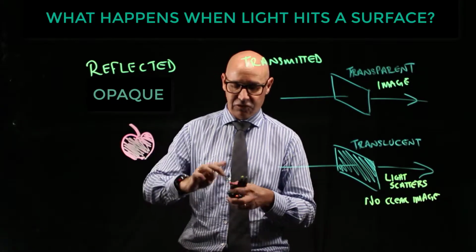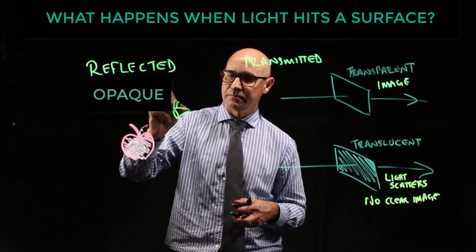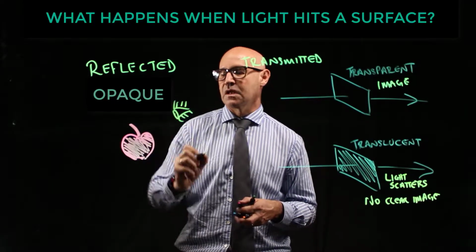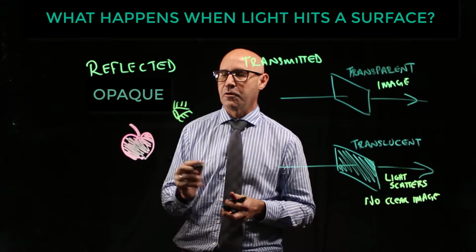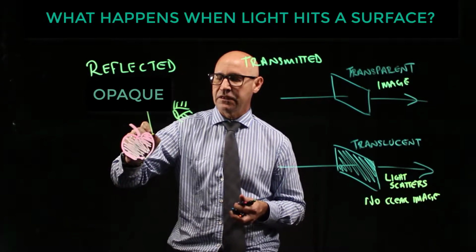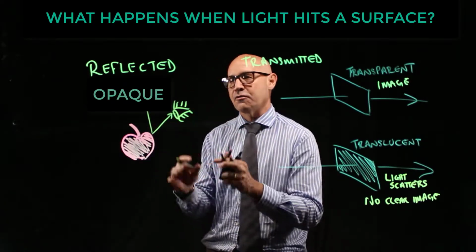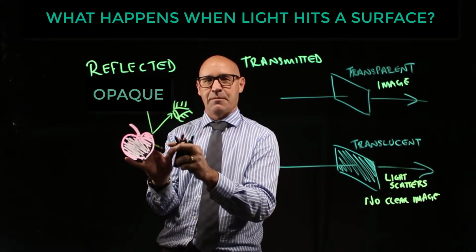So we're looking at the apple, and light from the sun comes down, hits the apple and reflects back, so we actually see the light that reflects off the apple.